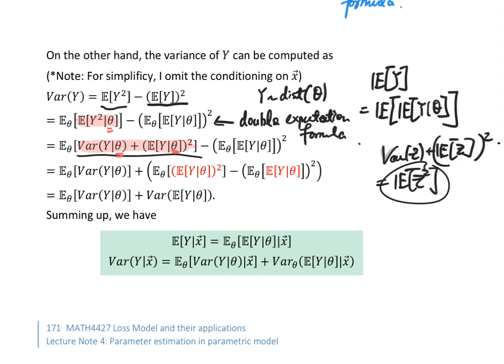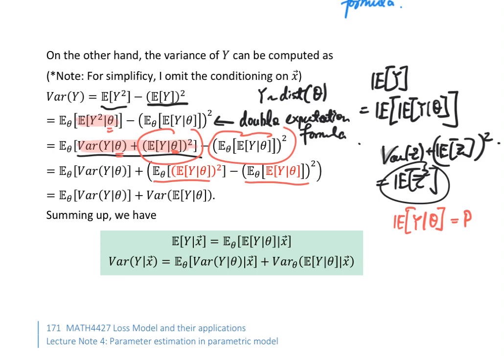Another last thing is that I will try to separate these two terms, and in particular I will group this one with the second term. By doing this, you can combine these two together. Now, what is that? Here you can see, if you treat this expected value of y given theta as a random variable, let's call it p.